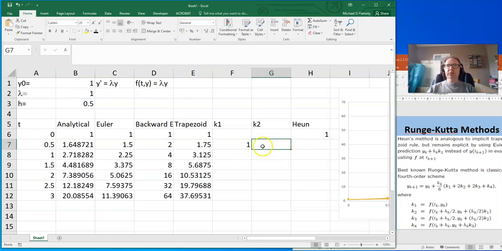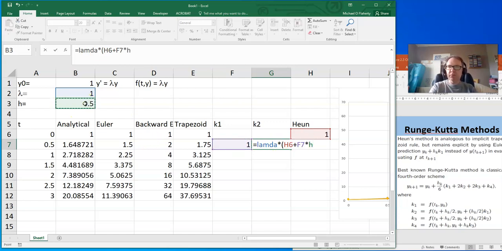For K2, we come up with an improved value of y by incorporating the slope K1. So K2 equals lambda multiplied by y plus K1 times the time step h. Slope times time step gives the incremental change. Add that to y0, and we have an improved value of y. Multiply that by lambda to give us the slope.